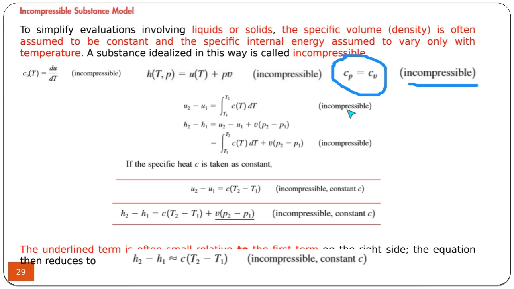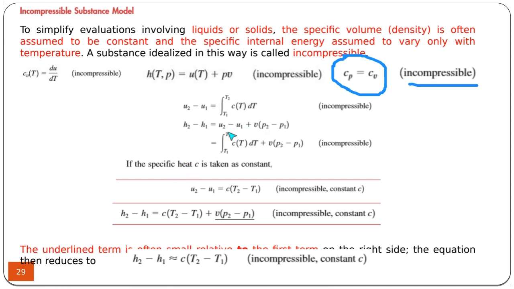This is for incompressible fluids. When it's incompressible, we get an ordinary derivative, not a partial derivative. When it's an ordinary derivative, you can directly integrate it, because if it's a partial derivative, you cannot directly integrate it. So for incompressible fluids, you can integrate Cv dT to get the variation of internal energy.